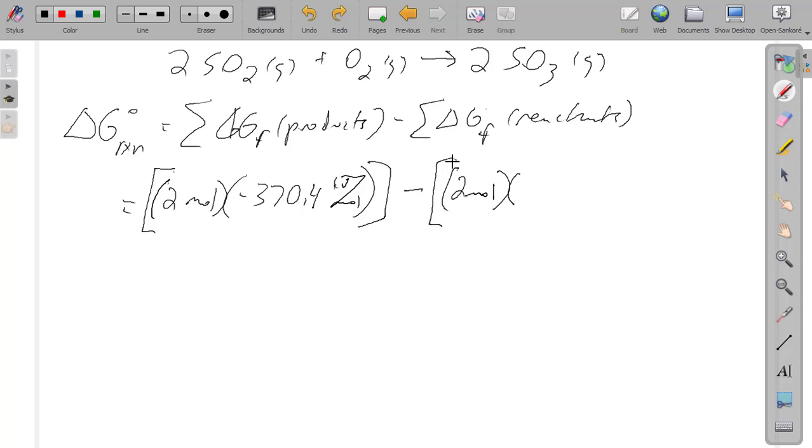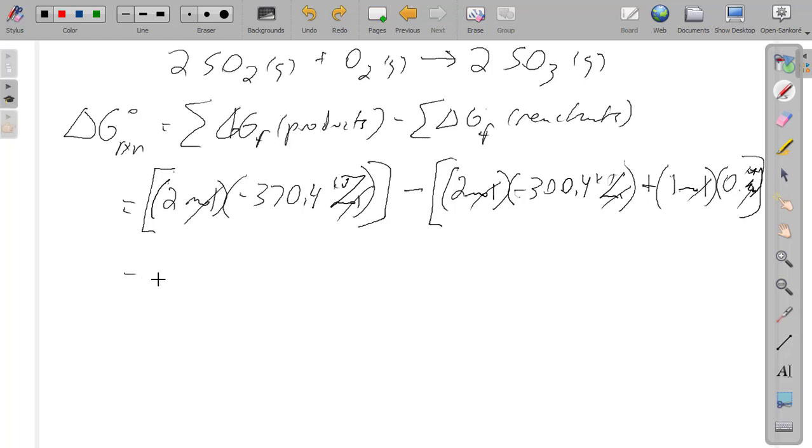And we find SO2 in the table, and that's negative 300.4 kilojoules per mole, plus oxygen is 1 mole times 0 kilojoules per mole, because oxygen is in its standard state at 298 Kelvin, therefore its Gibbs free energy value is 0. And notice the moles cancel out in all of these.